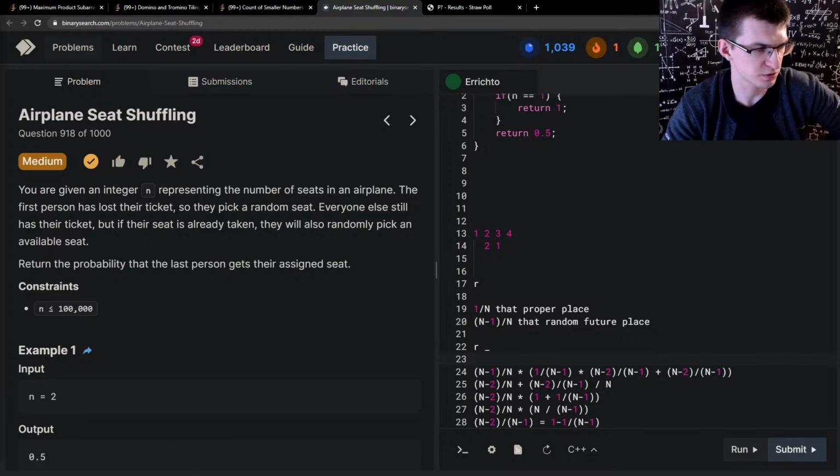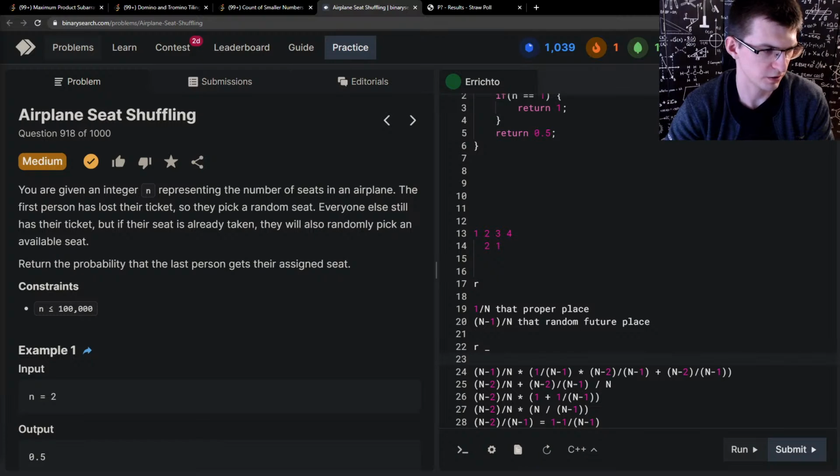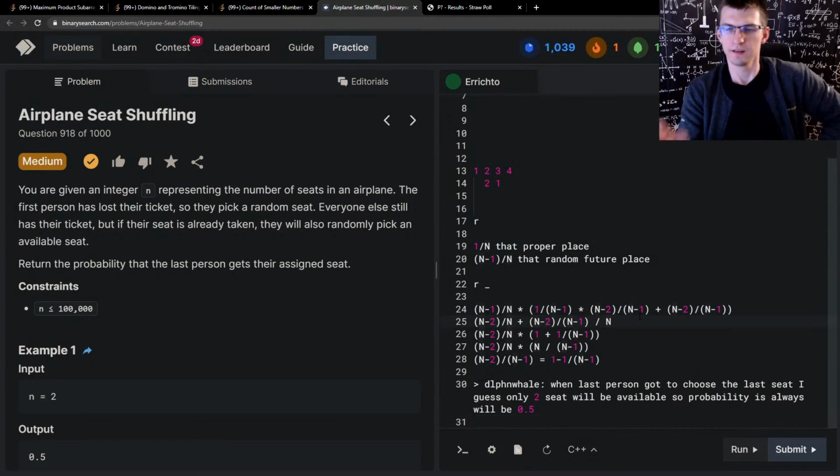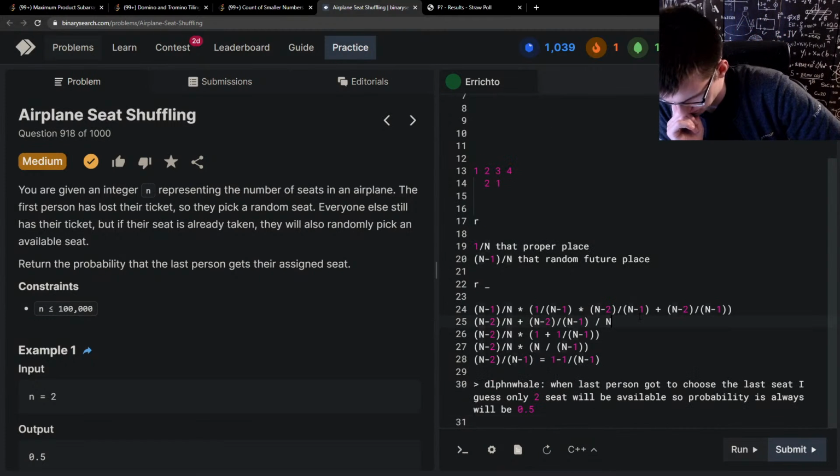When the last person gets to choose the last seat, I guess only 2 seats are available, so the probability is always 0.5. I mean, you don't know if seat n is available then. Maybe it's a good way to think about it. Somebody maybe already took seat n.